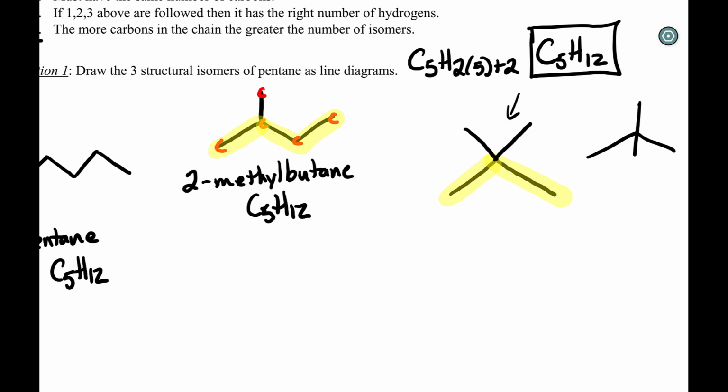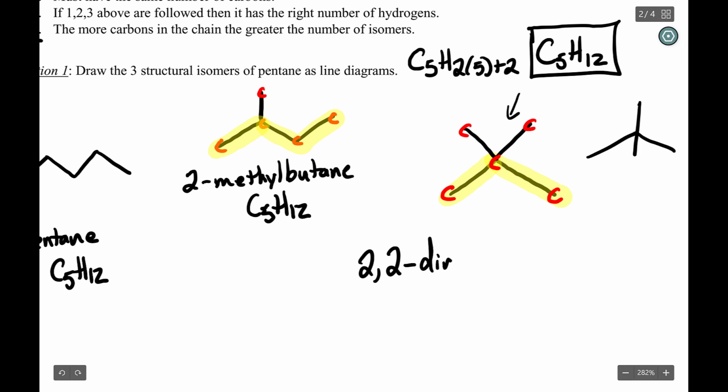Okay, so I've got 3 carbons in the parent chain, and I've got 2 methyl groups on the second one. So correctly done, this would be 2,2-dimethylpropane. There are 2 methyl groups on the second carbon of propane. If you work that out, it's still C5H12.